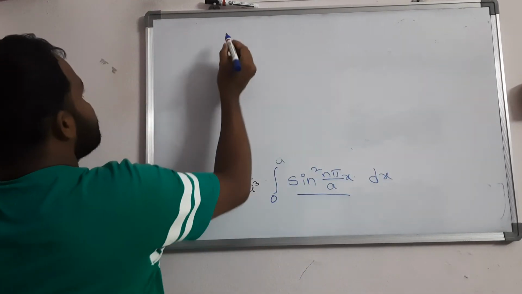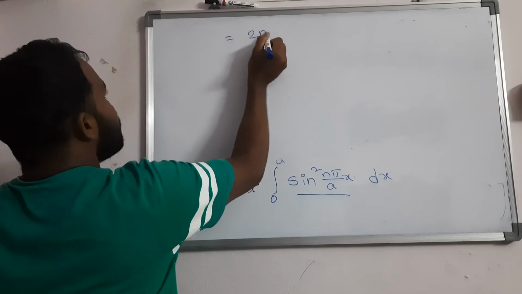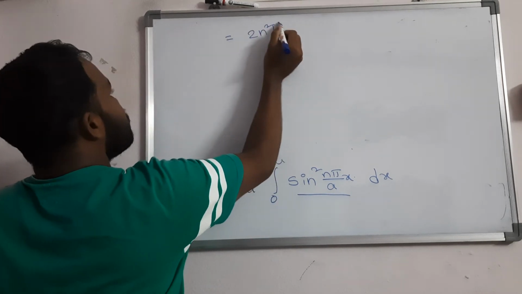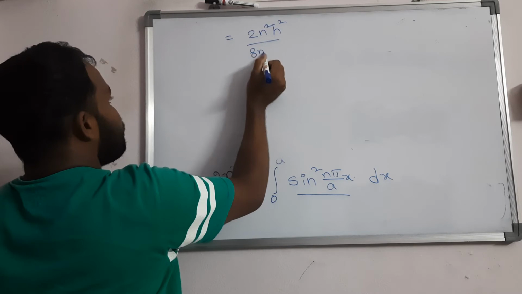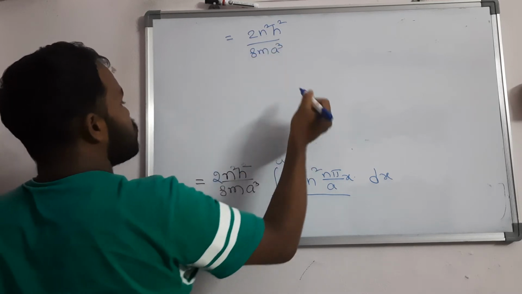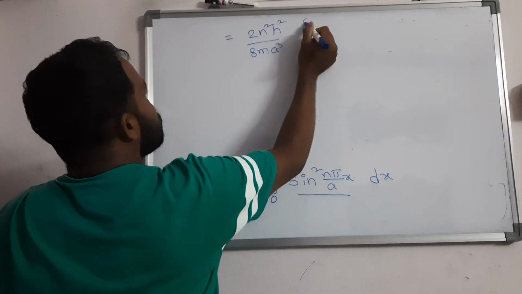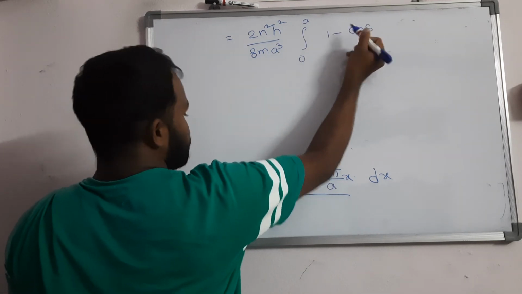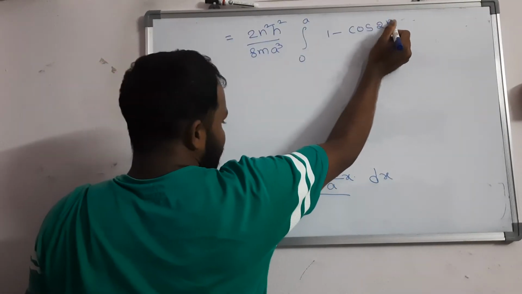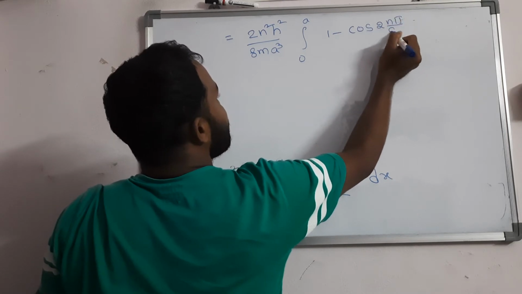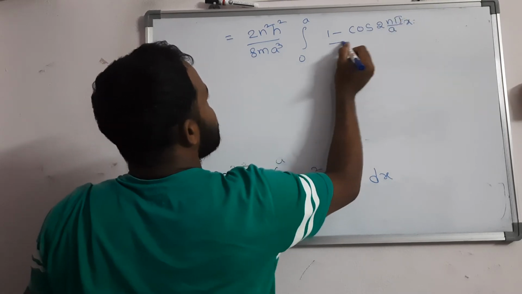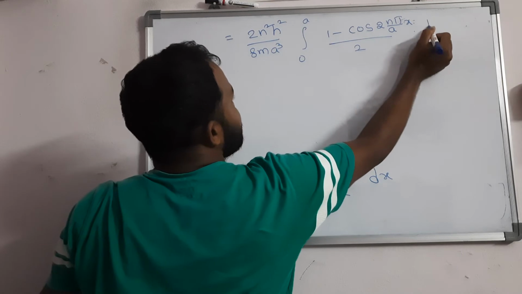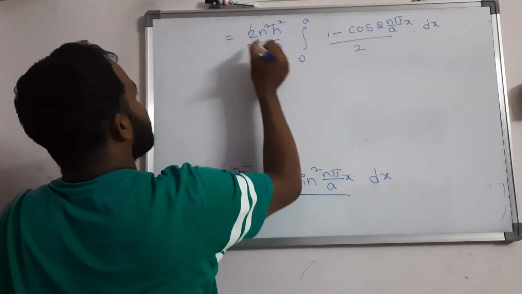So you should write as it is, 2n square h square by 8 m a cube, 0 to a. So what is the formula? Sin square x is 1 minus cos 2x, 2 into n pi by a into x, divided by 2, into dx. Here 2 gets cancelled.